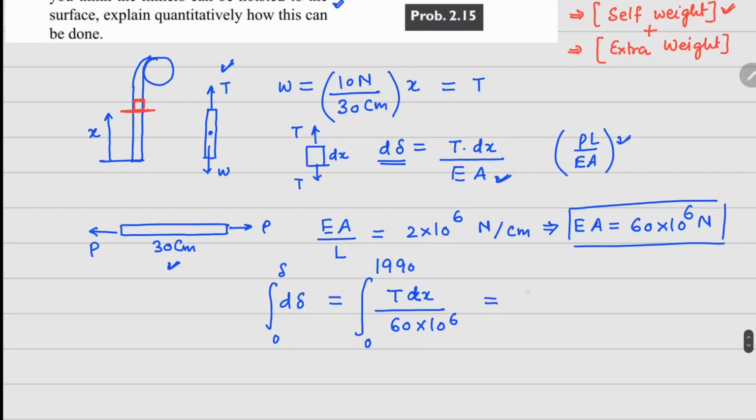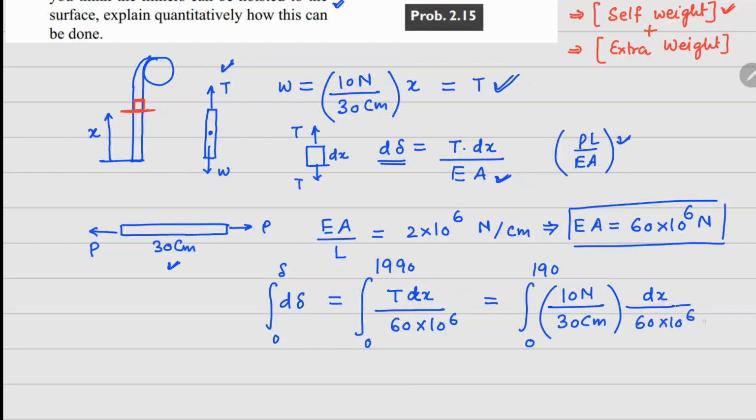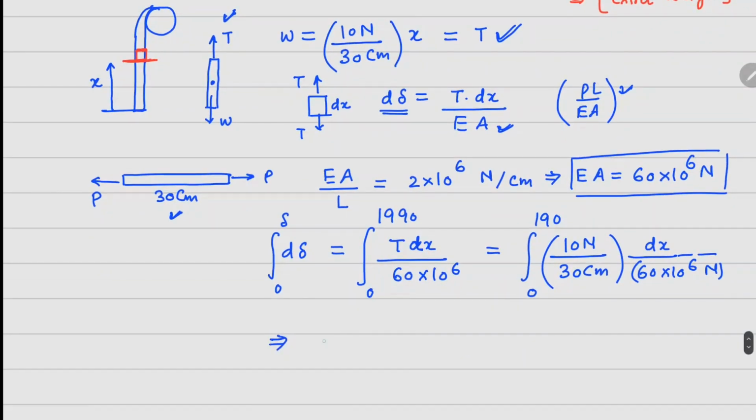We can substitute the value of T, which comes from this relationship: 10 newtons divided by 30 centimeters, times dx, over 60 times 10 to the power 6 newtons. If I do this calculation, your delta value comes out to only 1.1 meters. And how much did we need? We needed 10 meters at least. So definitely the self weight is not going to help us.